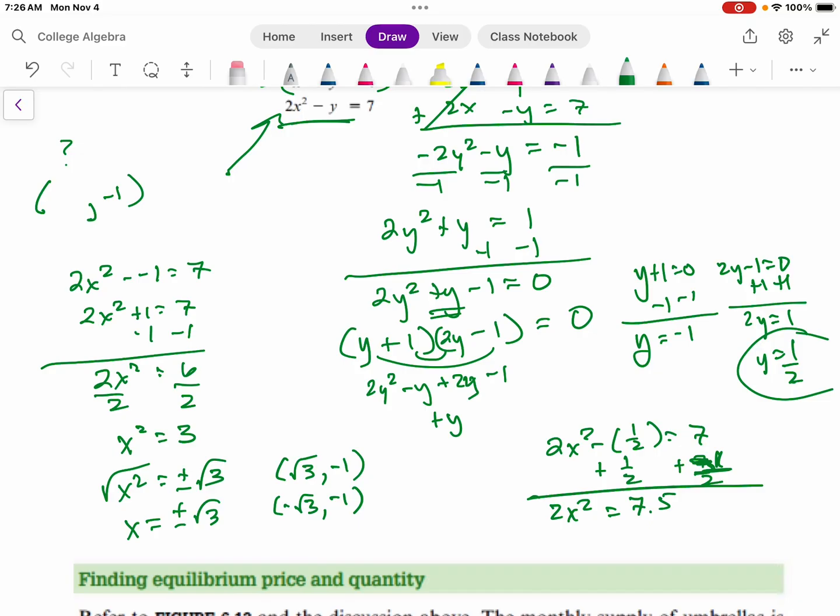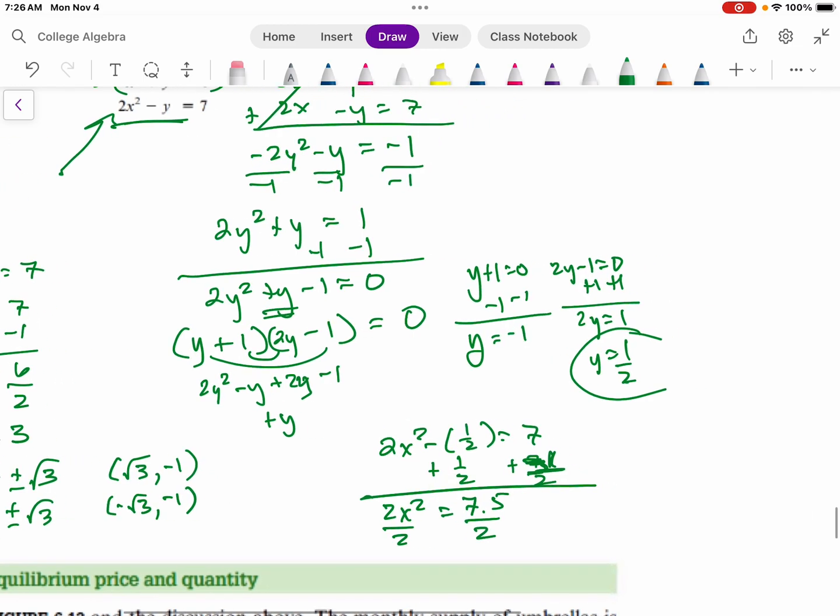We divide both sides by 2, and I get x squared equals 3.75. I'm going to turn that into an improper fraction, because either way it's going to look ugly with the square root, so it really doesn't matter.